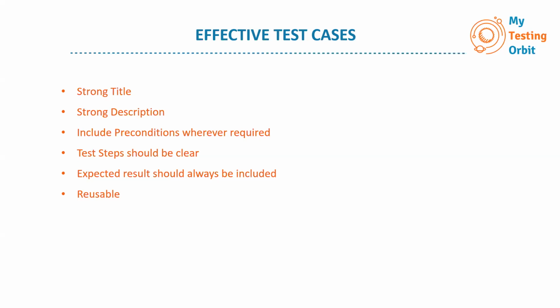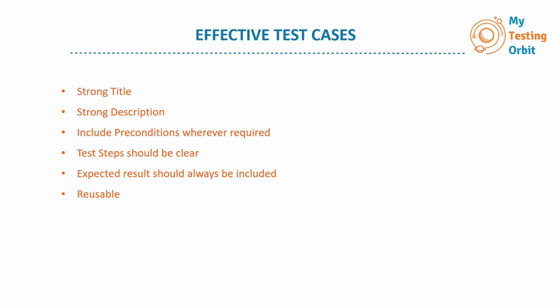And sometimes we can also write details like the test environment, in which this test case will be carried out, and if there's no separate field for test data, then we can also write the test data details in the description. The description can vary. It depends on how you are writing your test cases, and the description field is something you can use as per your requirements.